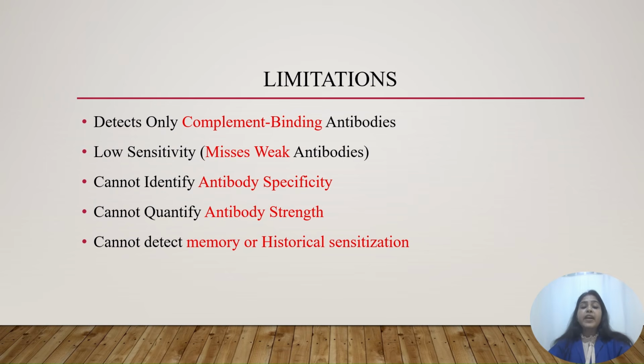It cannot quantify the antibody strength, as it can identify the antibody but not its strength. So to detect its strength, we'll go for the Luminex crossmatch. That will give us the MFI, mean fluorescence intensity, which will help us quantify the antibody strength.